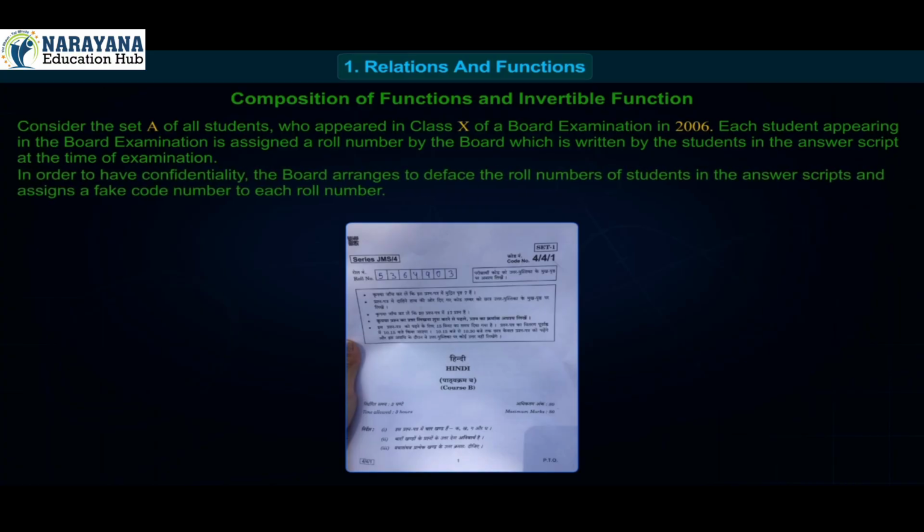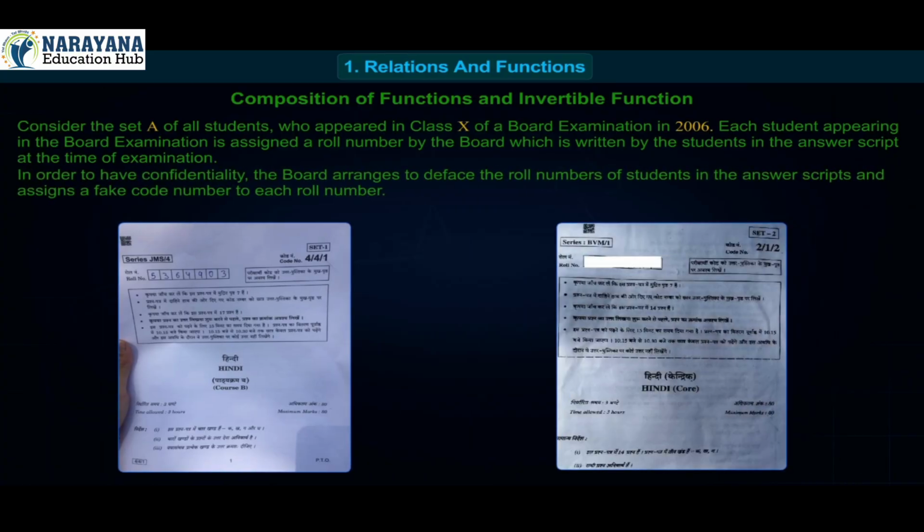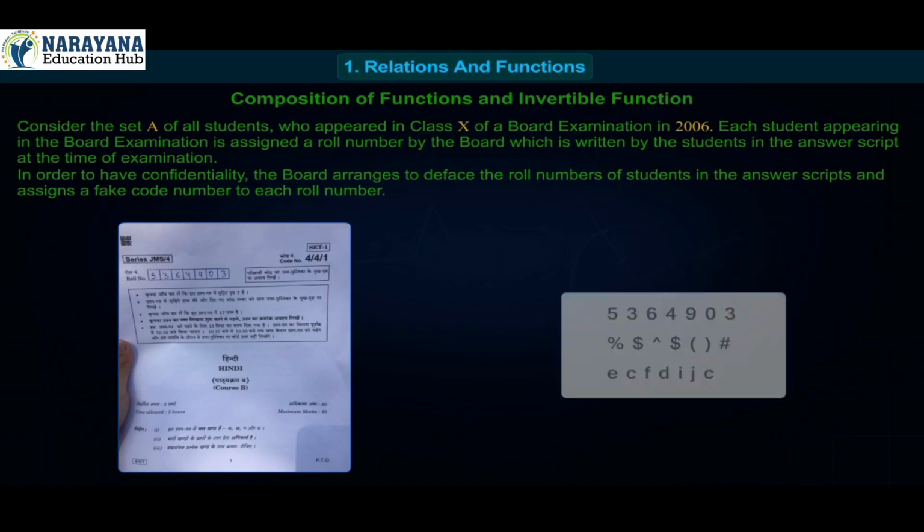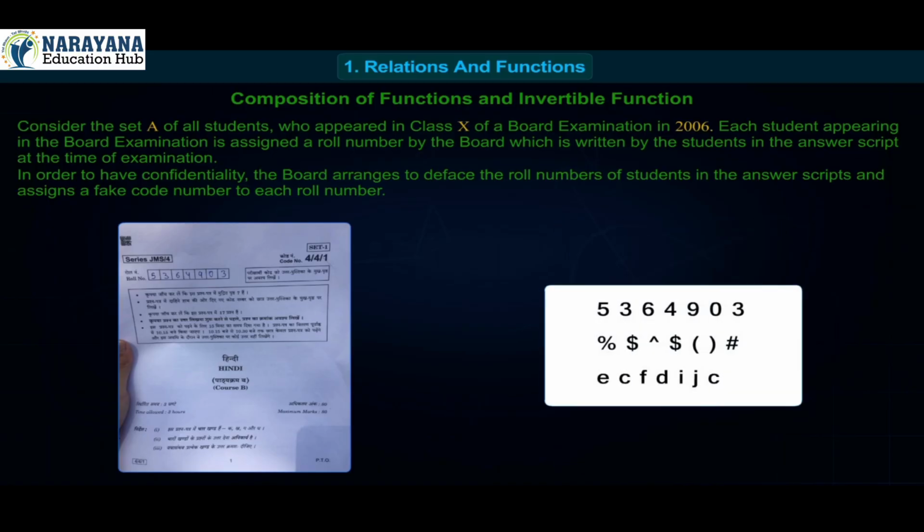In order to have confidentiality, the board arranges to deface the roll numbers of students in the answer scripts and assigns a fake code number to each roll number.